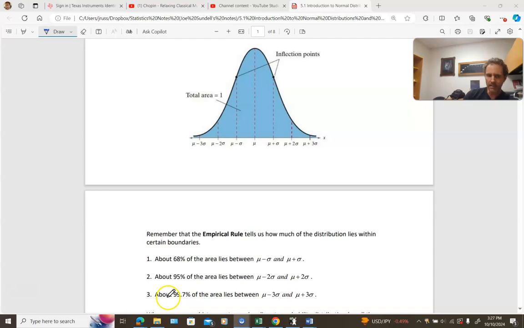And then guys, 99.7%, or in other words, almost the entire distribution, will be between 3 standard deviations away from the mean. Okay, so from here to here, and you can see that's practically that entire distribution. There's very little probability left out here beyond 3 standard deviations.